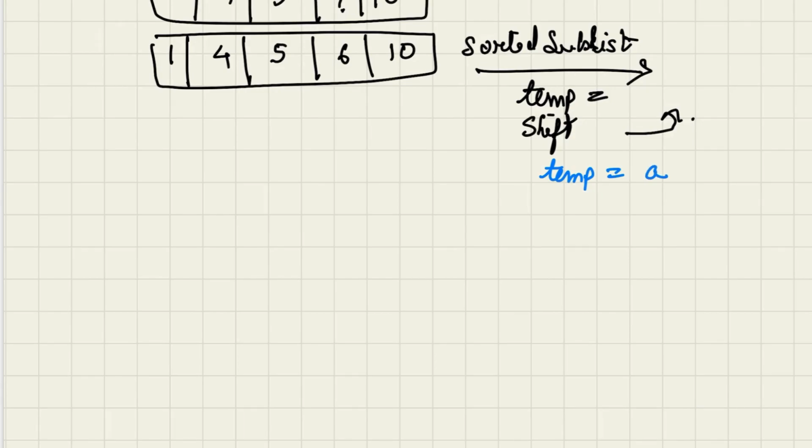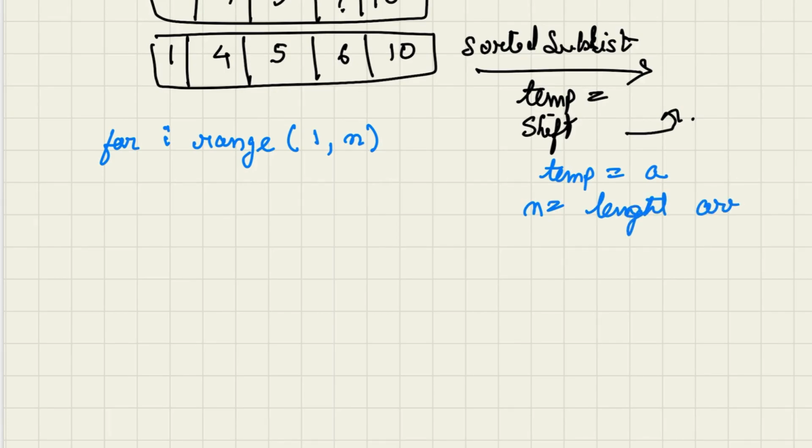So let's say I have a for loop, and I will start the for loop for i in the range 1 to n. N is what? It is the length of the array. So the length of A is my n.